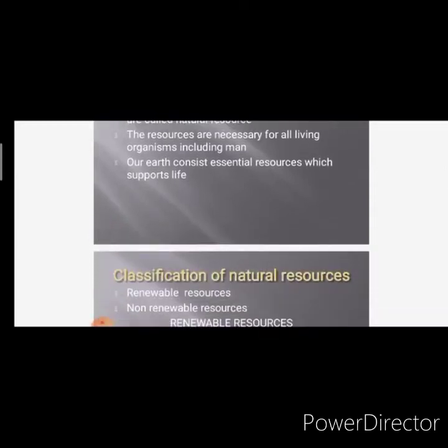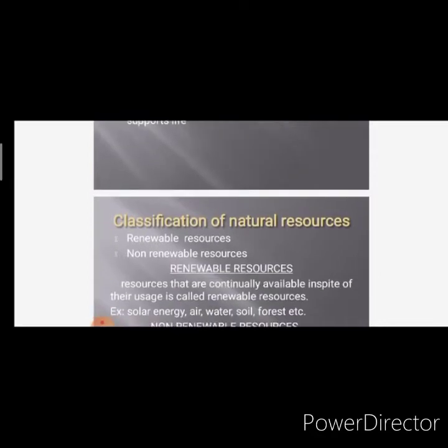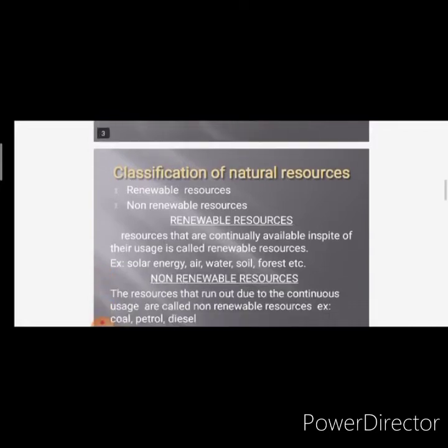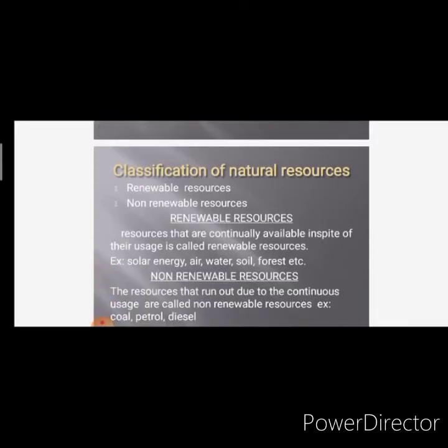When we talk about the classification, natural resources are divided into two, that is, renewable resources and non-renewable resources. Renewable resources are resources that are continually available in spite of their usage, and they can be used again and again.